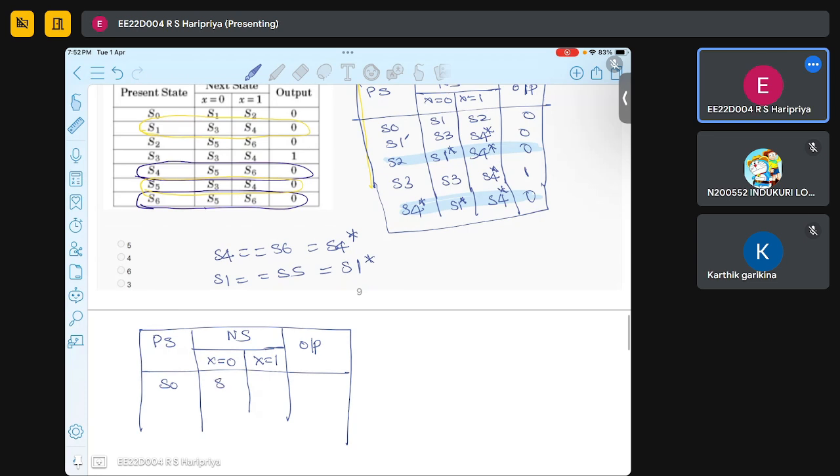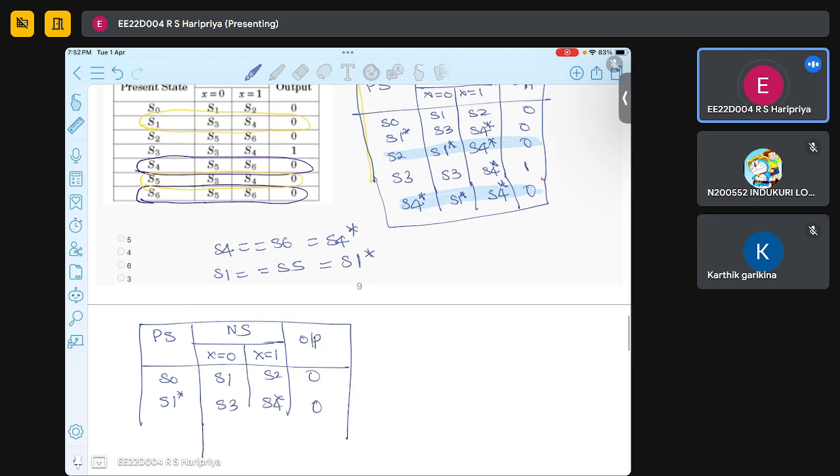S0, same. This one also same. And you become star. S3, S4 star, 0. S2 star now. S2 is equivalent to S4. S2 is equivalent to S4 star.